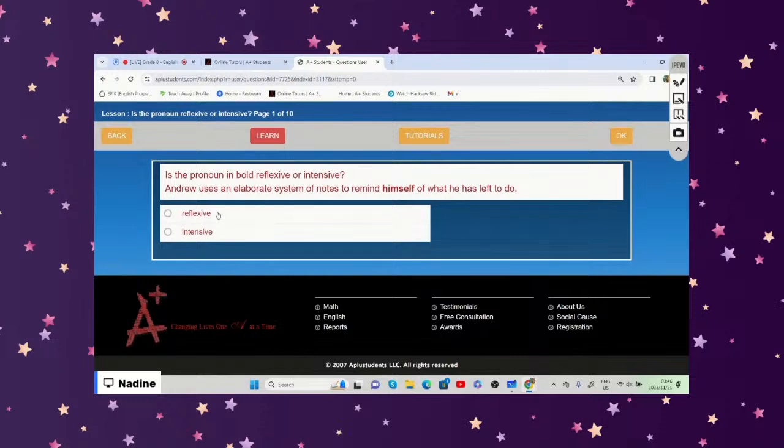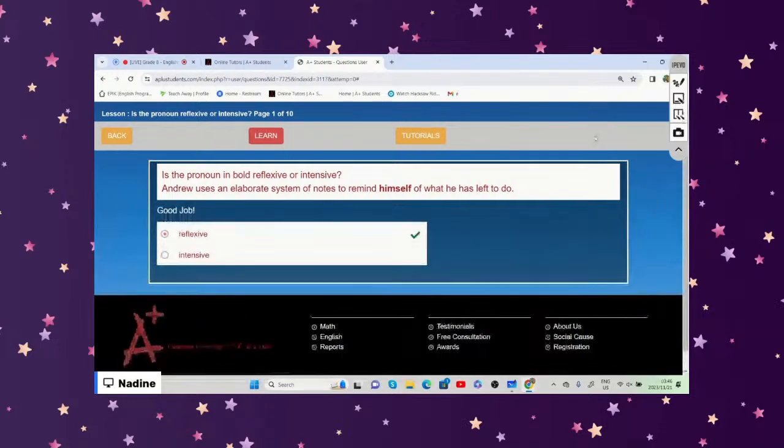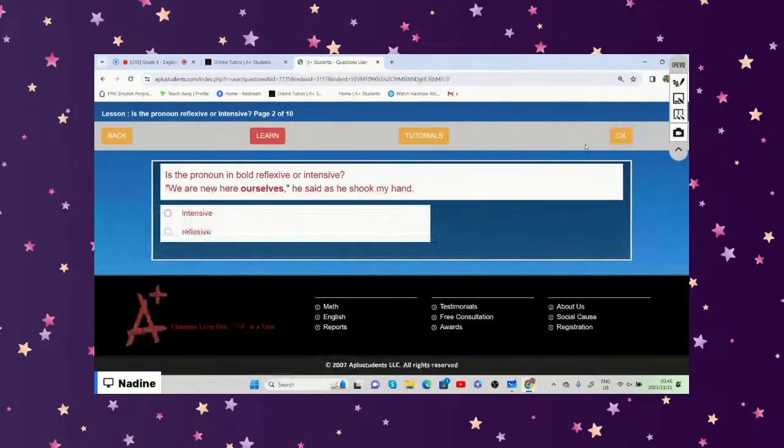So this is a reflexive pronoun because himself refers back to Andrew. Well done. Yes, the first one is correct.